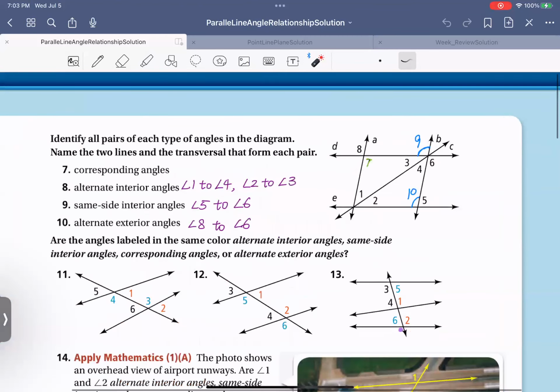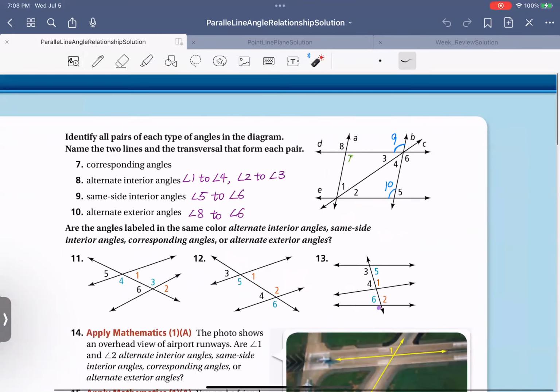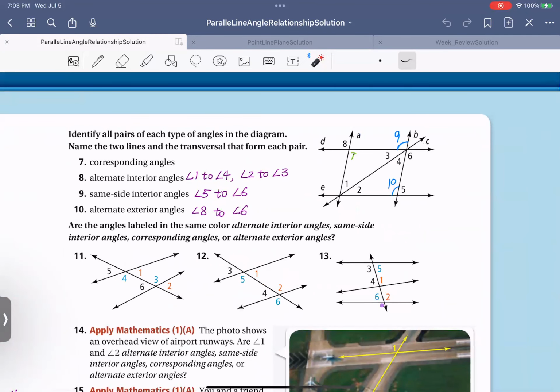So let's take a look at this. You might see this in your 6th or 7th grade math. So look here. There are several different angle relationships. If these two have the same position, we call this corresponding angles.